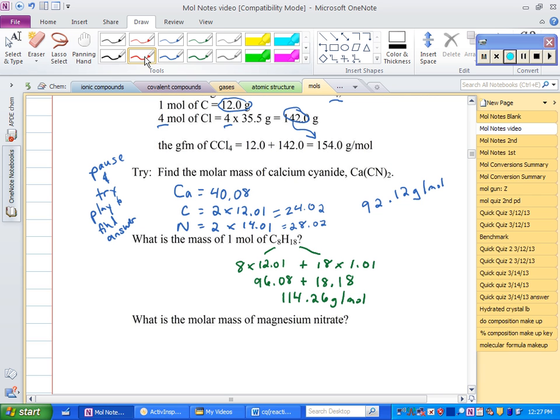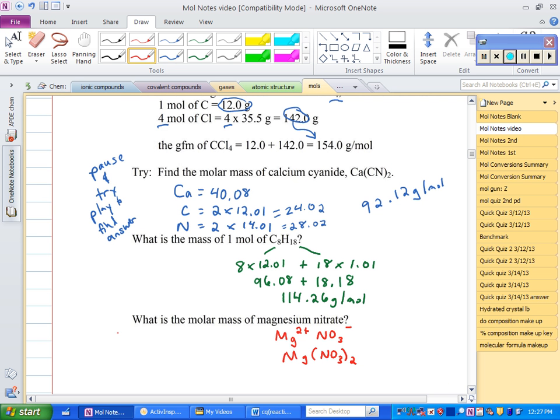Okay? And our third one that you tried, look, I gave you the words. So you had to first take magnesium and nitrate and make the proper formula. I wasn't kidding when I said you were going to have to continue doing that.